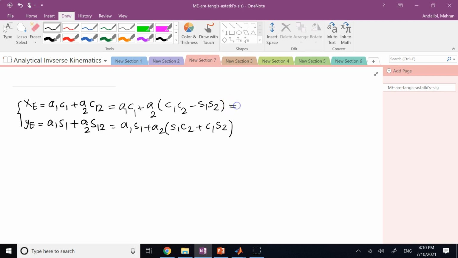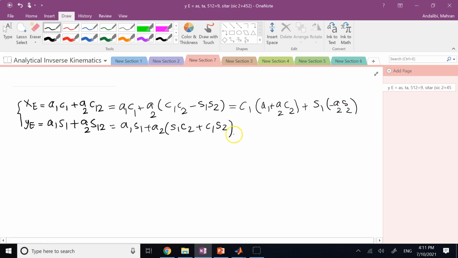So here, if I factor out the cosine of theta 1, you will get A1 plus A2 cosine 2. And if I do sine 1, the coefficient of that is negative A2 sine 2. In the bottom one, I factor out sine 1, it is going to be A1 plus A2 cosine 2 again. Correct? And then if I do cosine 1, it is going to be A2 sine 2.